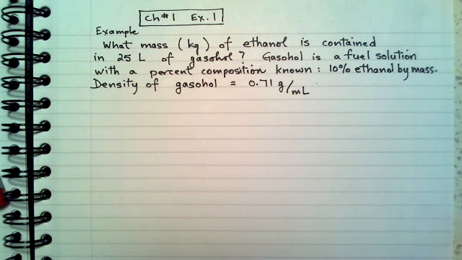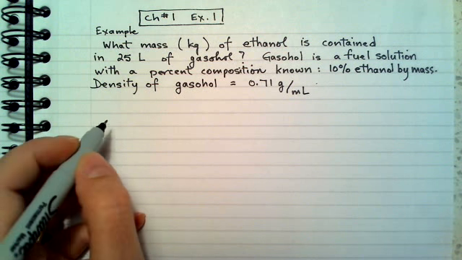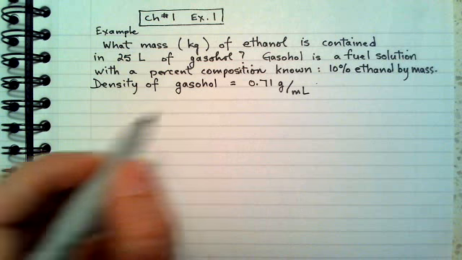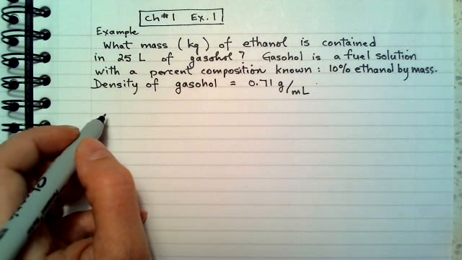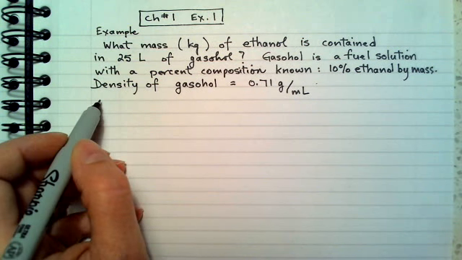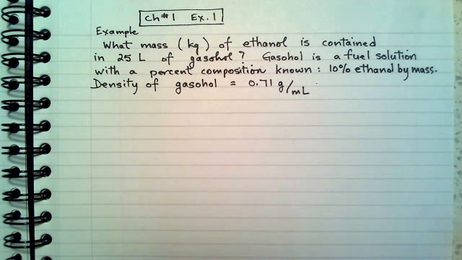When you have one of these questions, what you would prefer to do is to get rid of a lot of the words and just distill down the information to things that look like you can use them in a calculation. So the first thing that we're going to do is write out the density of the gasohol a little bit different than what's given here.